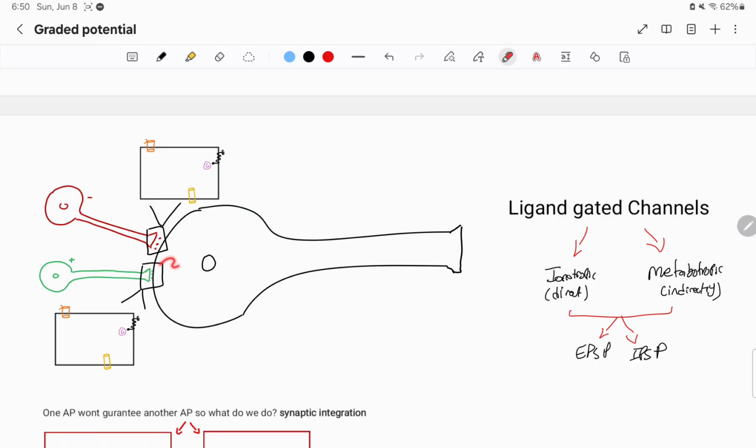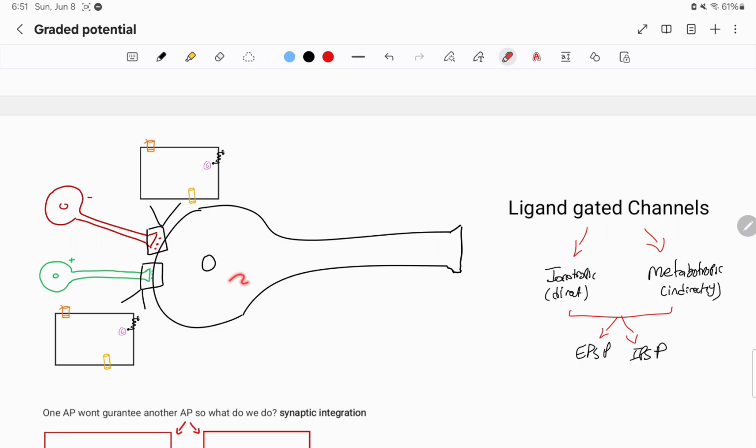For the purposes of learning, let's say that this red neuron is an inhibitory neuron, meaning it will try to lower the resting membrane potential of the postsynaptic neuron. This one is a stimulatory neuron, which means it will try to increase the resting membrane potential of this postsynaptic neuron.